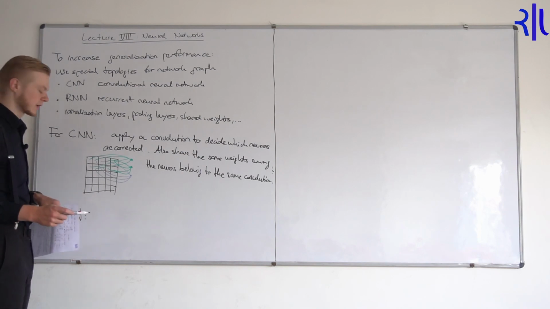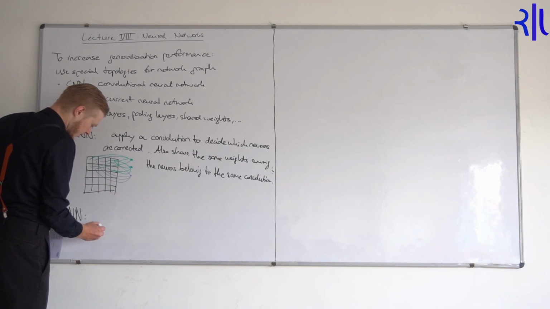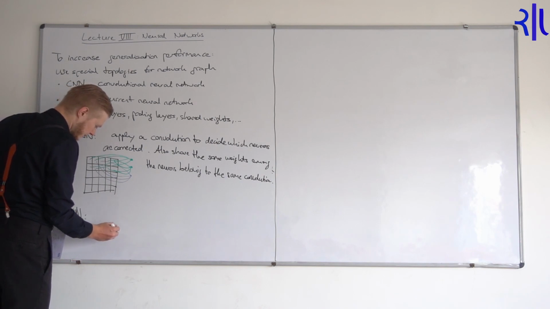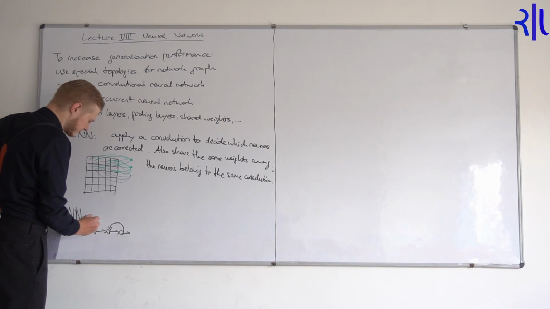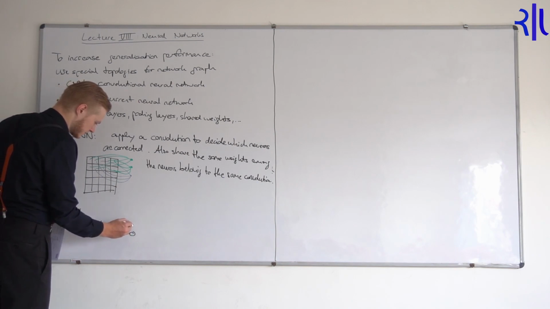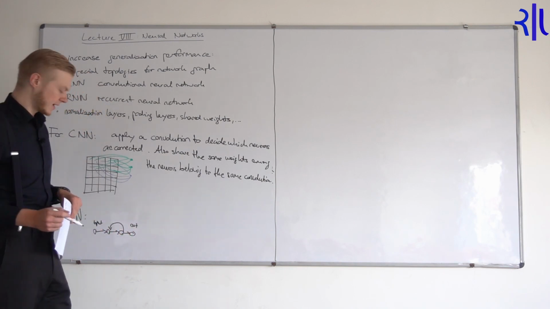For recurrent neural networks, there is a flow in the network that goes backwards. So there's some kind of feedback loop. Now, how are you supposed to train that?